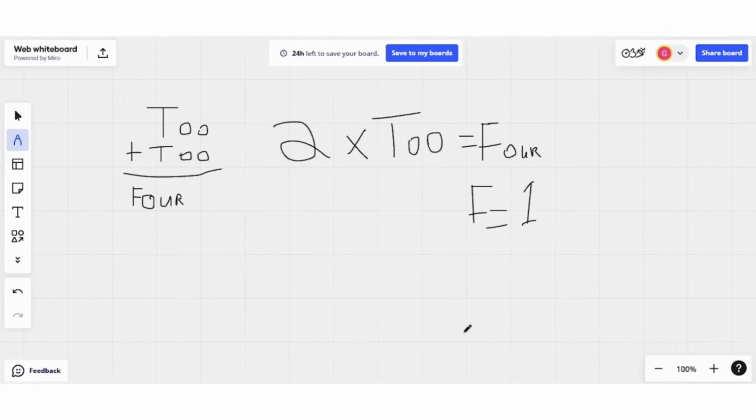That's another aspect that we know. Based on that, since TOO is a 3-digit number, T cannot be greater than 7, to avoid TOO plus TOO being greater than 1999, which is the basic mathematical constraint that we have here.